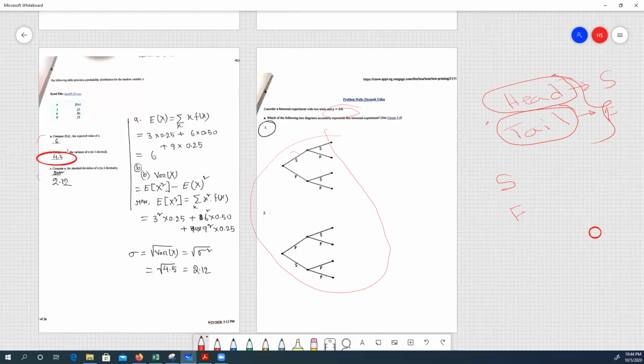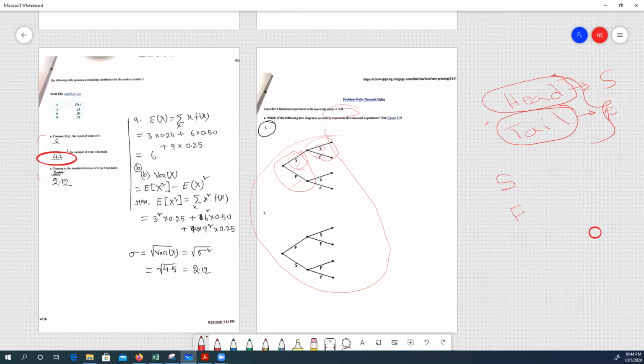In the first experiment you have 2 outcomes, success or failure. Suppose you got success in the first experiment, then you did the experiment again and you will have 2 outcomes, success and failure.